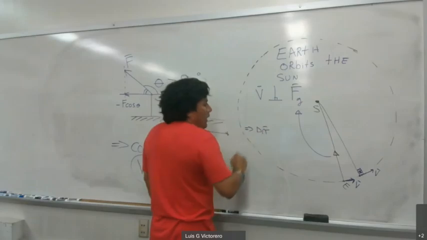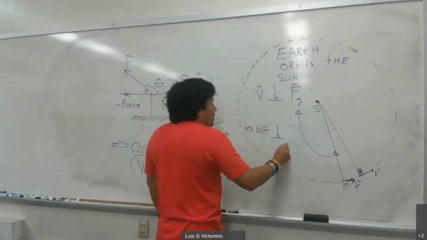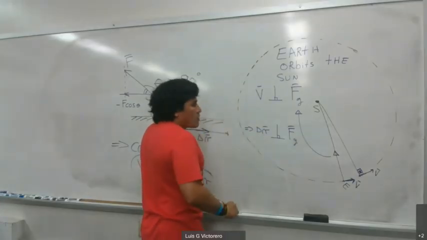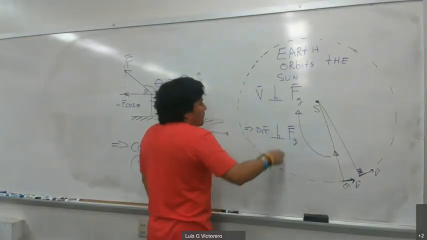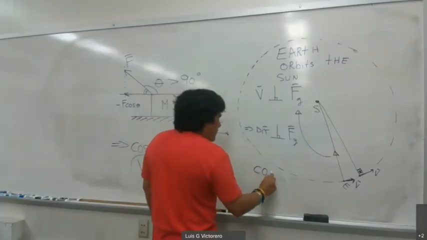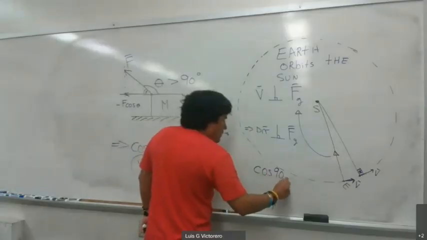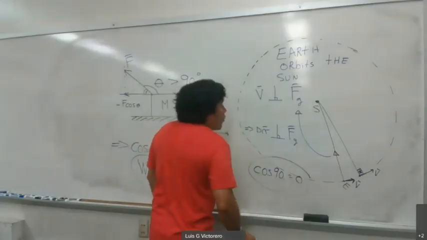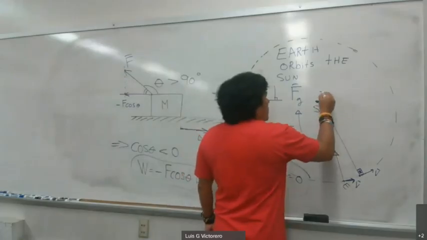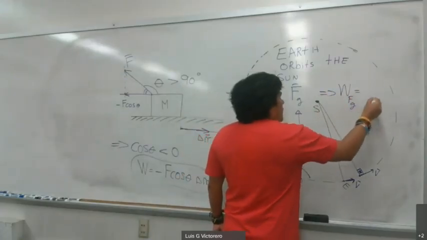Delta R, then, which is this, is perpendicular. So the displacement and the force are perpendicular. So that means that the cosine of 90, which happens to be there, is 0, so the work is 0. The work done by the gravitational force is 0.